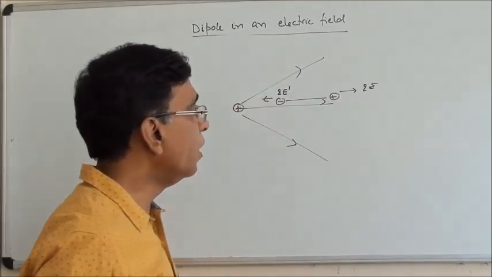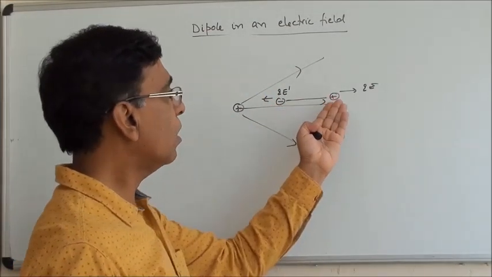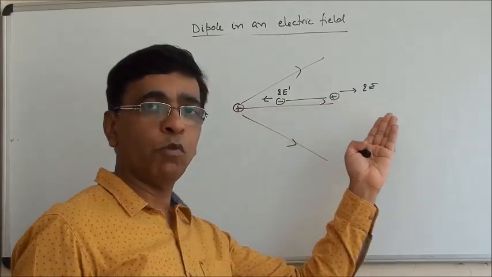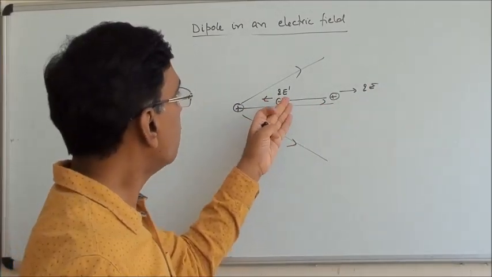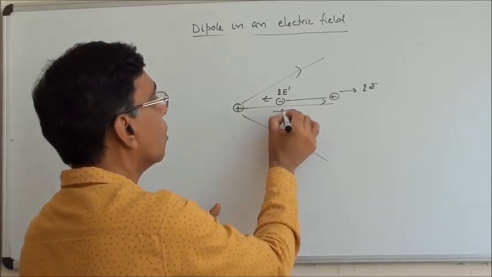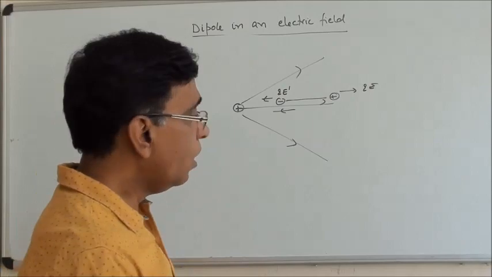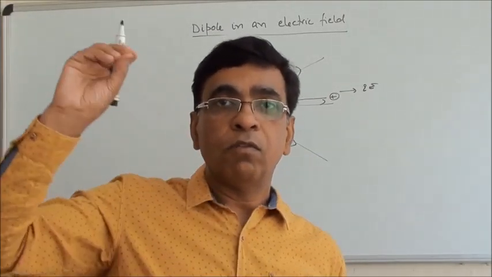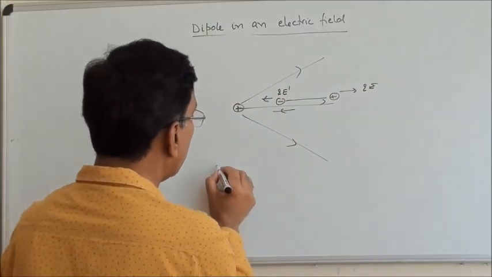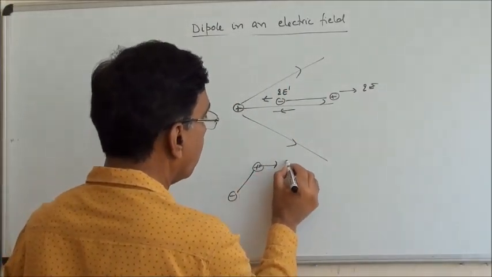In a uniform field, what will happen now? This is bigger than this. As we move away from the point charge, the field decreases. So this is more. So it means this dipole will start moving towards it. In the expression that we derived, we had taken the force on plus charge and minus charge equal and opposite.